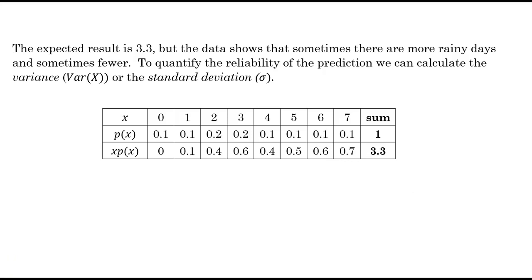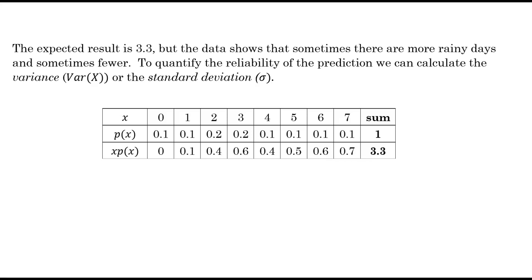Now, it's all well and good to say that I expect to have a mean of 3.3 rainy days, but how reliable is that prediction? Well, it depends on how much variation there is within that data. Is it always 3 or 4? That could give me a mean of 3.3 perhaps.